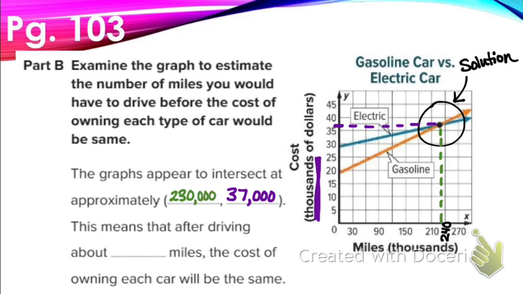230,000 miles. Once again, it says they're measuring in thousands, so they chopped off the 3 zeros. I have to put them back on. This means that after driving about 230,000 miles, the cost for owning each of these cars will be the same.